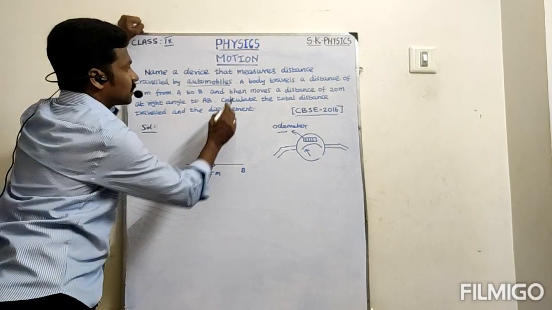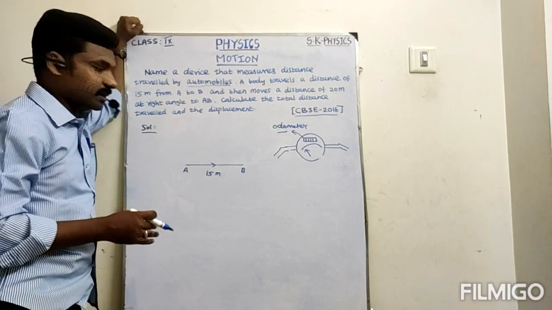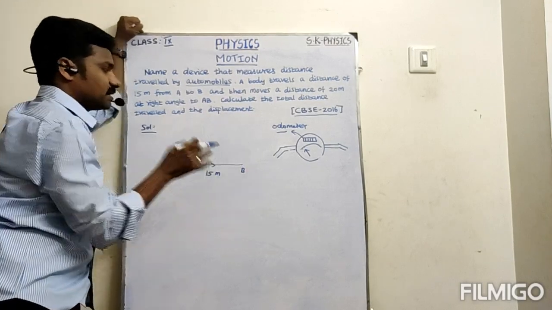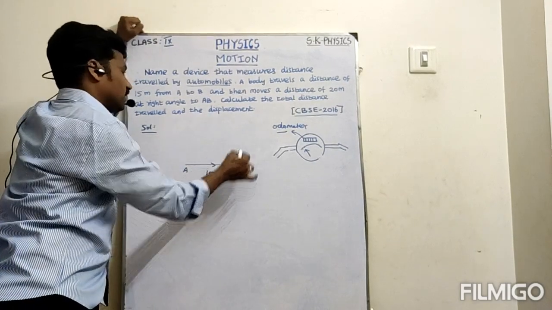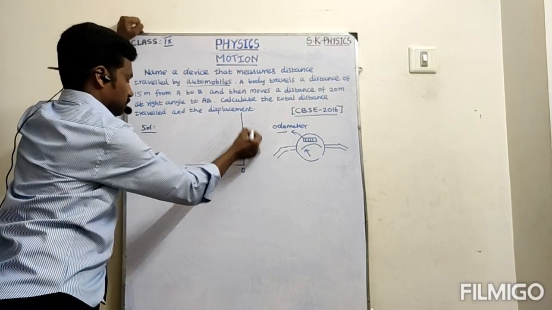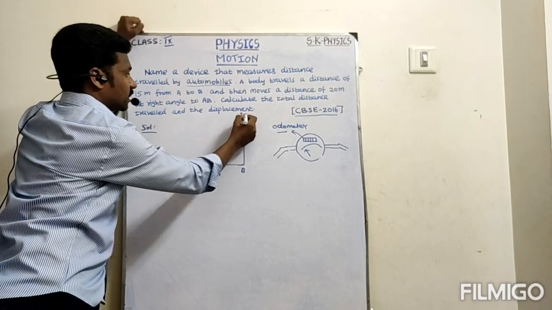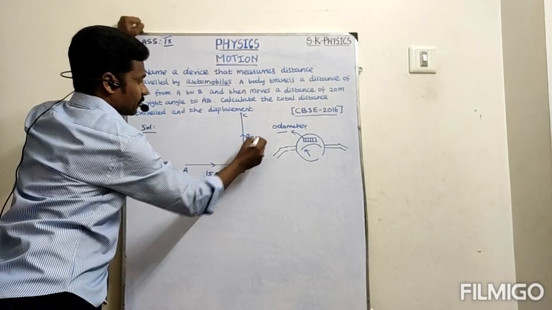After that, it moves a distance of 20 meter at right angles to AB, so it should be perpendicular. So it's 15, then 20. We put the name C. So this is 20 meter.